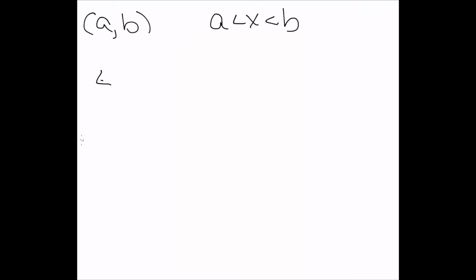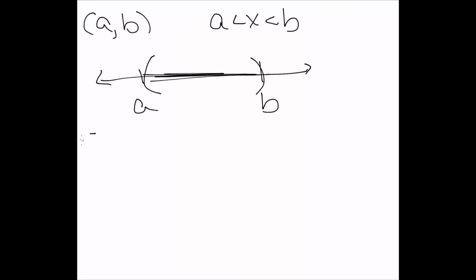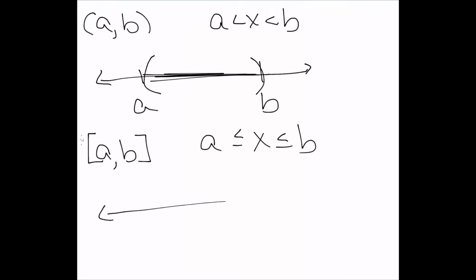And we can also graph these. So here's a and here's b. We would use parentheses on each of these numbers and then shade in the middle. If we use square brackets, this means include, so a less than or equal to x less than or equal to b.